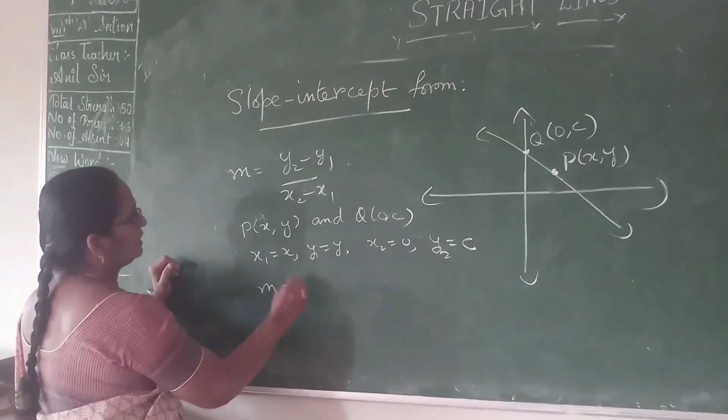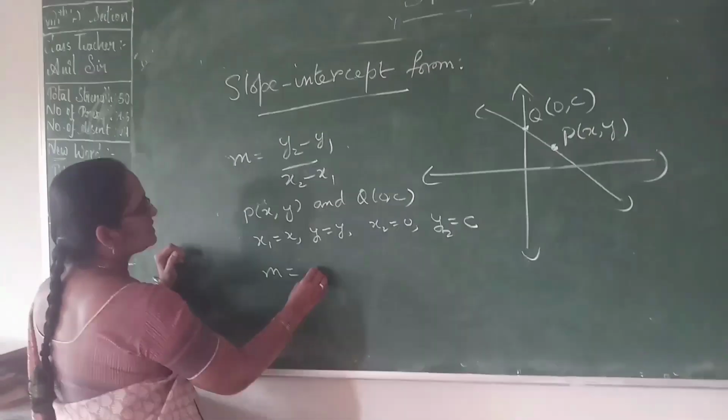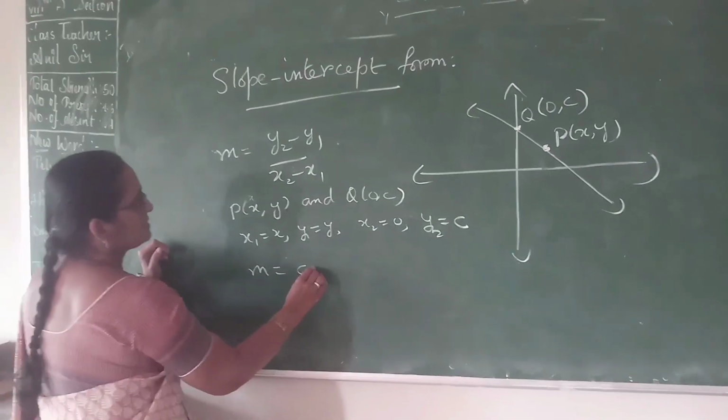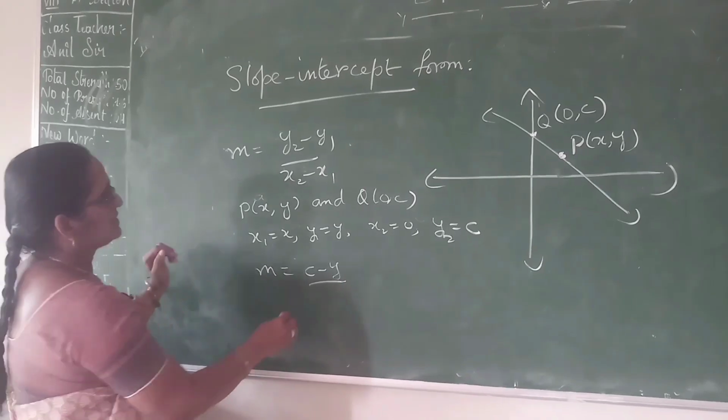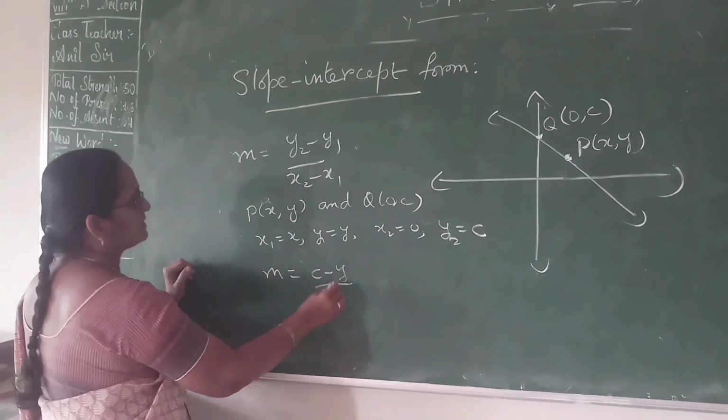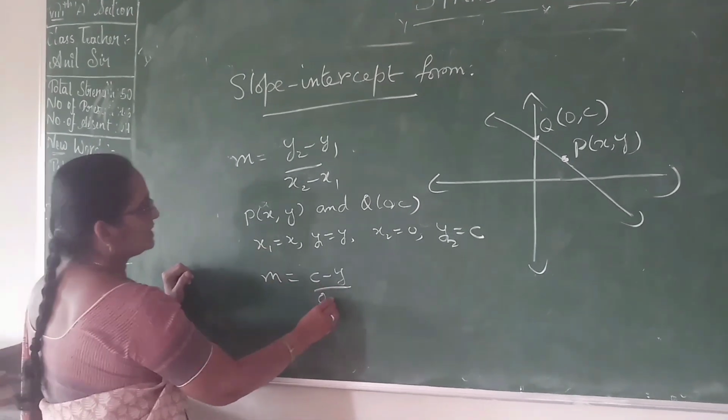M is equal to y2, which is c, c minus y. Next, x2 minus x1, 0 minus x.